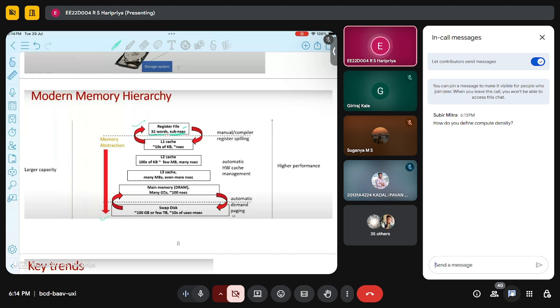And this is the main memory, which takes some hundreds of nanoseconds and is DRAM based. Next we have something called swap disk, or swap space, which can be a few TBs and takes a few microseconds or milliseconds.